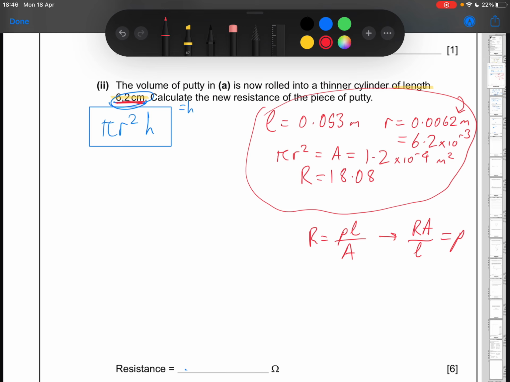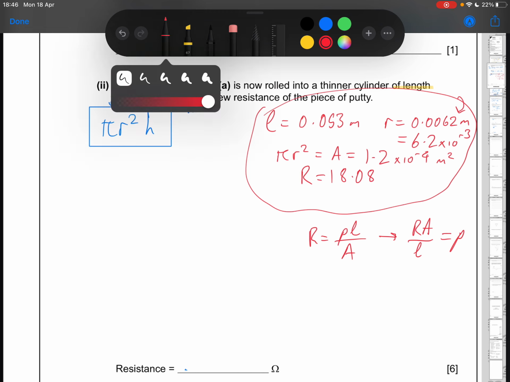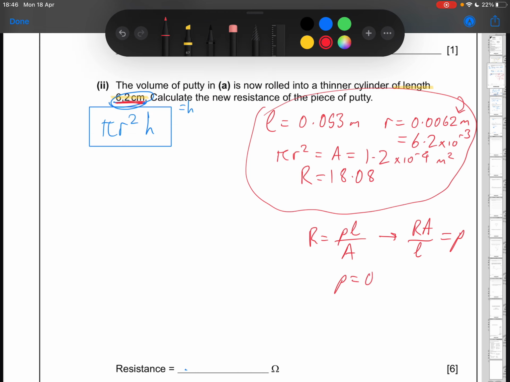Okay, so I'm getting a resistivity here of 0.0409, and it's 358, so I'm going to say 36 just to get some significant figures in here.